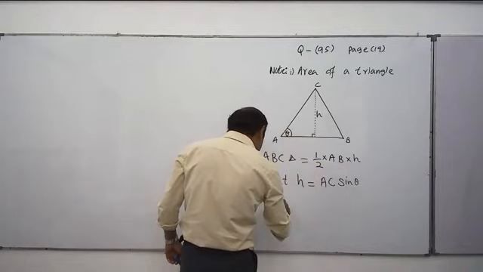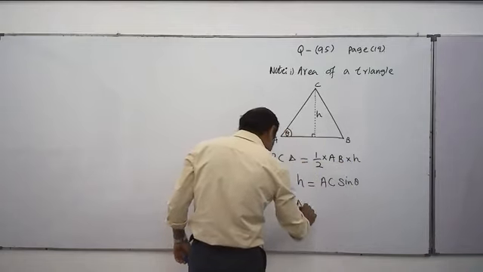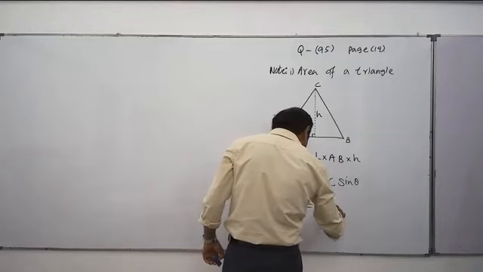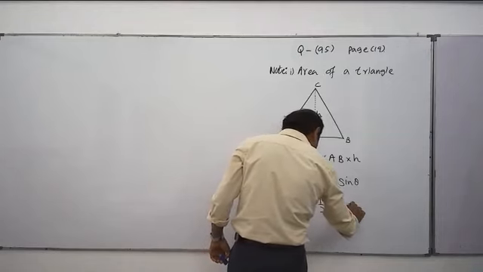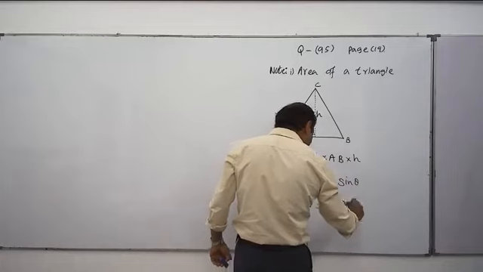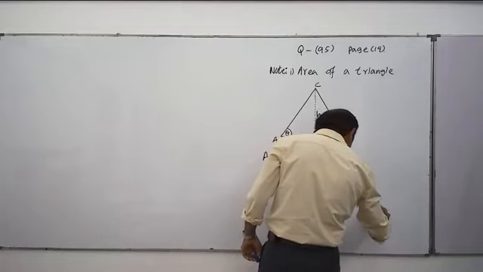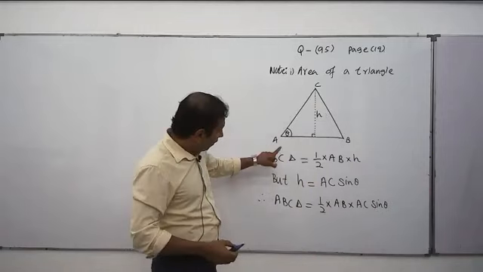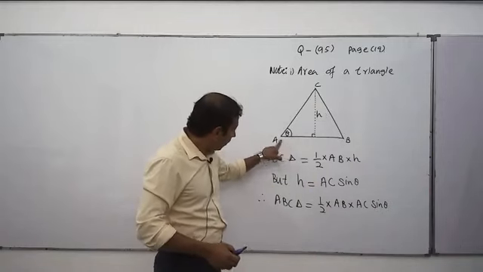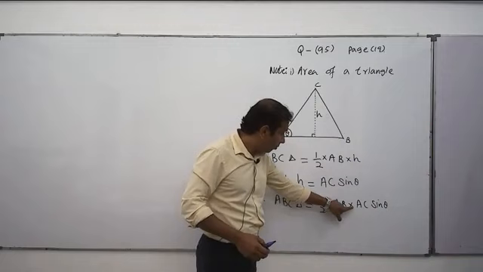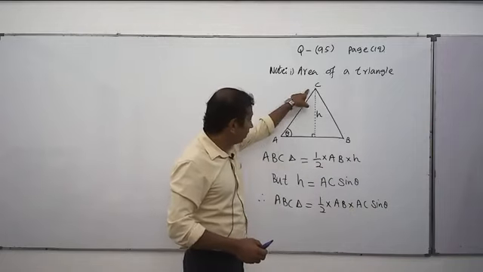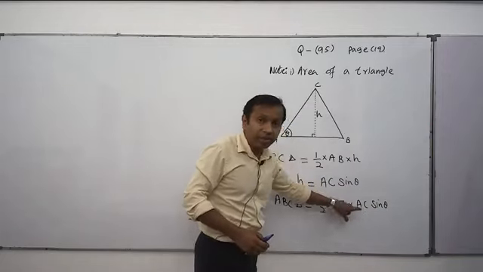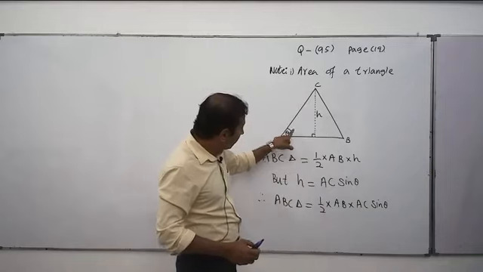Therefore, ABC triangular area is half multiplied by AB multiplied by h, means AC sine theta. What is the formula? Half AB, this length, multiplied by AC, this length, multiplied by, in between AB and AC, what is the angle?